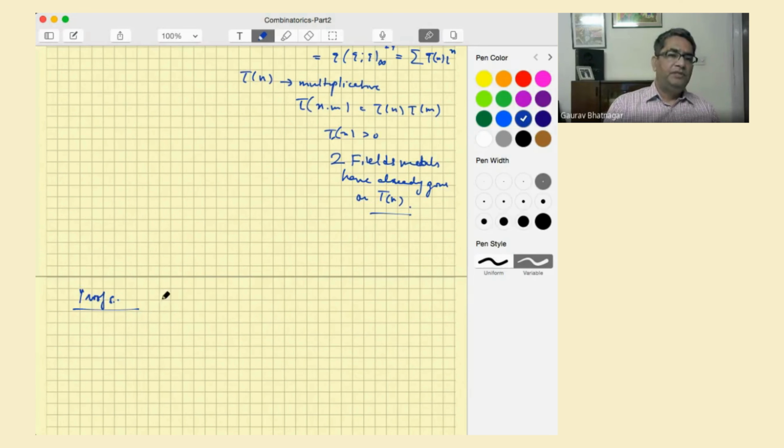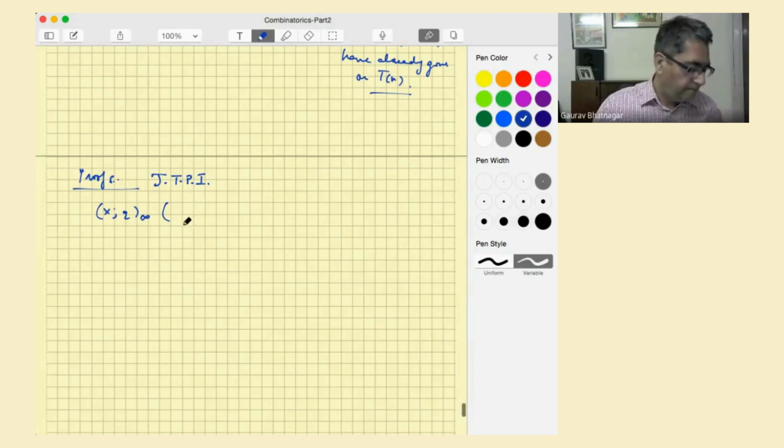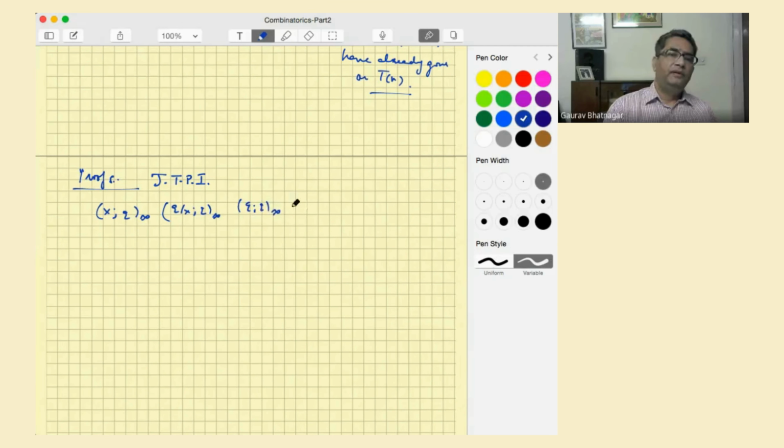So Jacobi's triple product identity is, we'll just write it again: (xq; q)infinity (q/(xq); q)infinity (q; q)infinity is equal to the sum of (minus 1) raised to n, q raised to n choose 2, x raised to n.